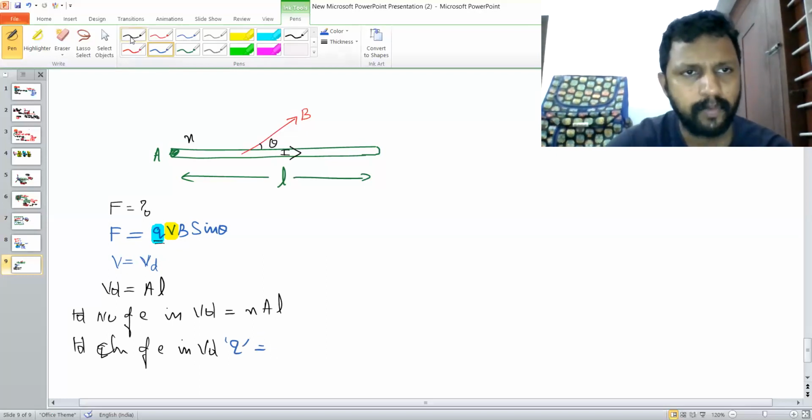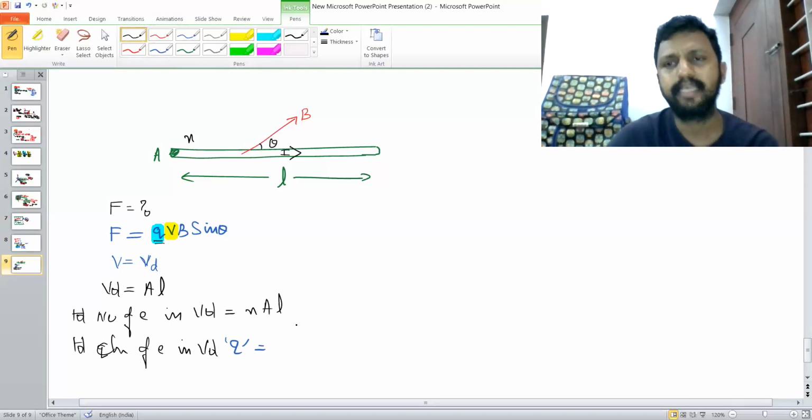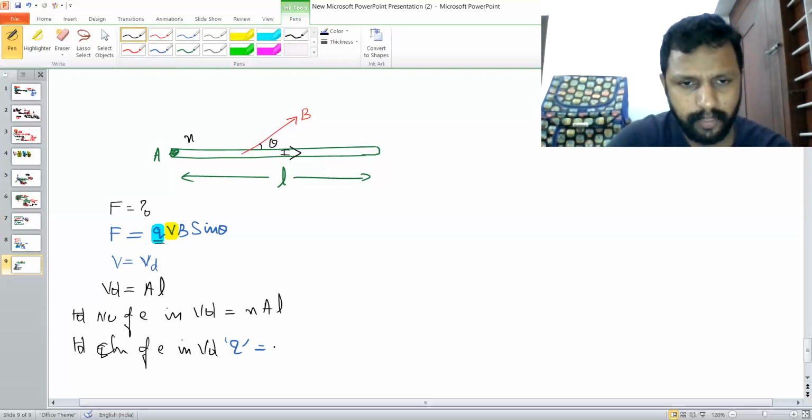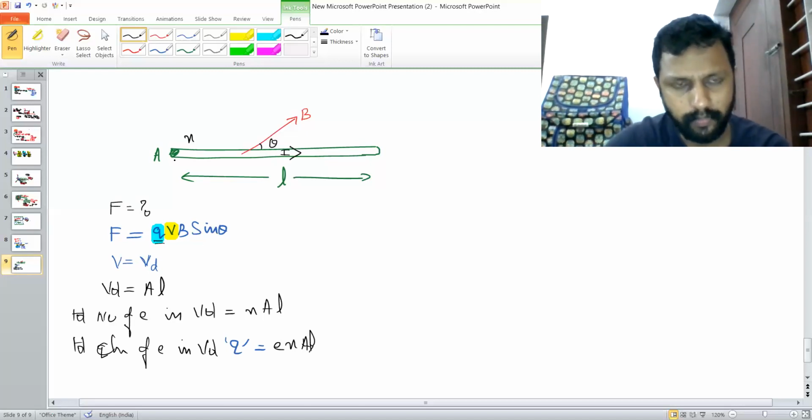What's the charge of one single electron? The charge of one single electron is e, small letter e. Therefore, the total charge of the electrons in this volume will be enAL. Since this is the number of electrons in that volume, multiplying it with e, we get the total charge of electrons flowing.